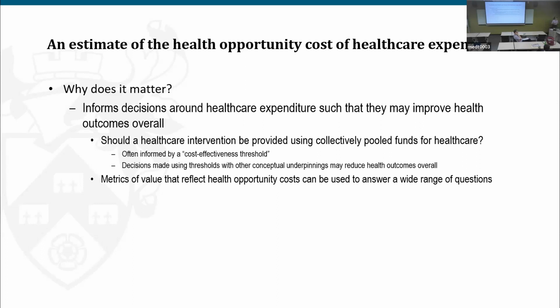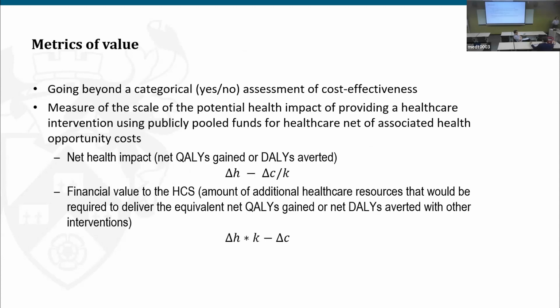But estimates of health opportunity cost are useful for more than just informing a cost effectiveness threshold. We can use these to calculate metrics of value that reflect the scale of the health benefits or the scale of the expected health losses associated with funding a specific healthcare intervention. That allows us to go beyond these sort of categorical yes or no assessments of cost effectiveness.